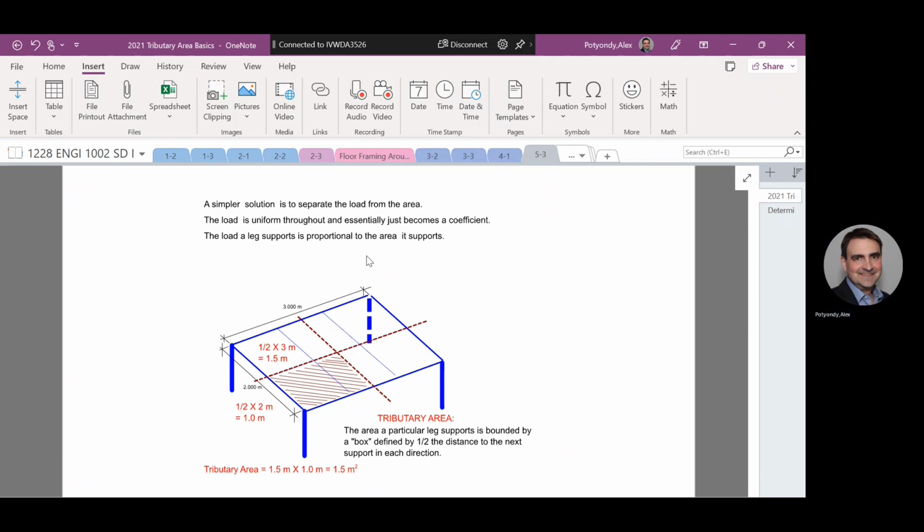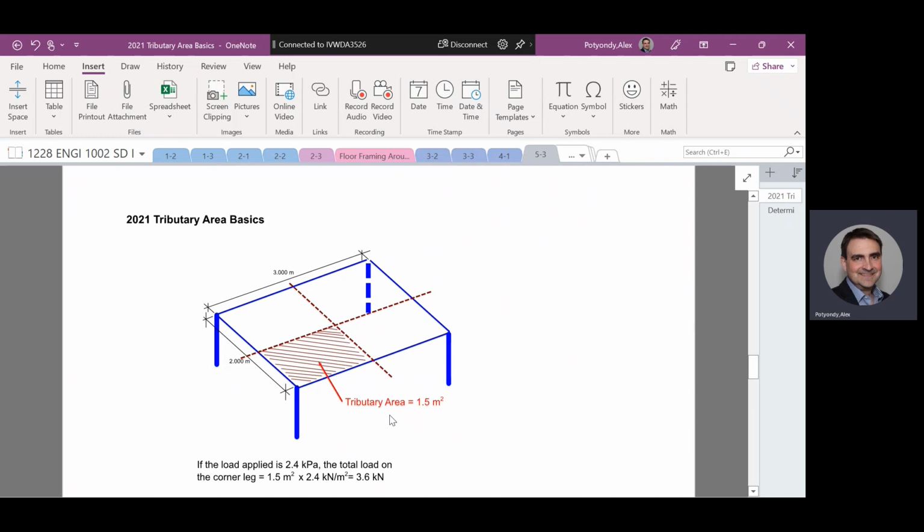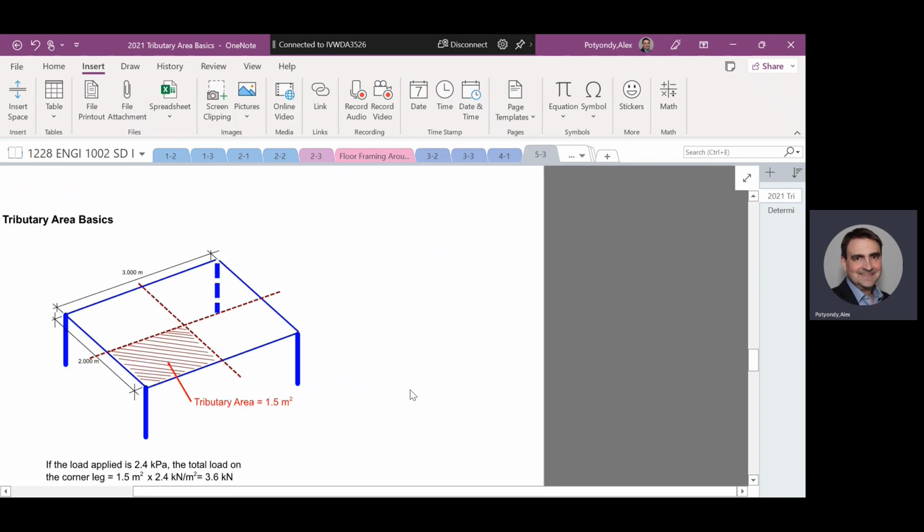So here's my shaded box, and half the distance from this support to this support is 1/2 of 2, which is 1 meter. And half the distance from this support to this support is 1/2 of 3, which is 1.5. So I could say that this column supports a tributary area of 1.5 times 1.5 meters squared. And by symmetry, each column is going to support that load.